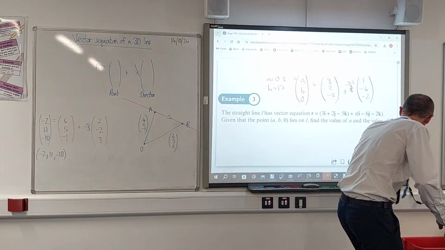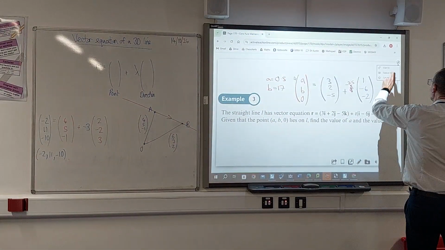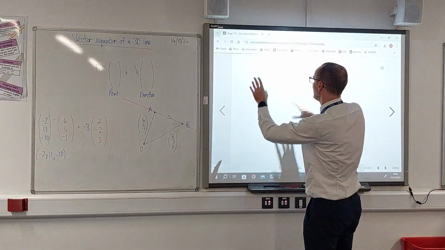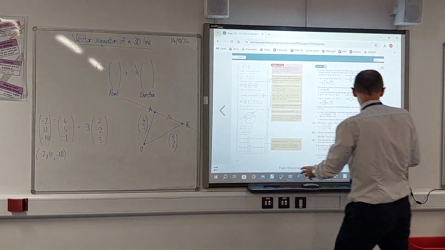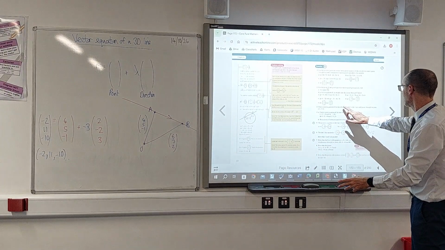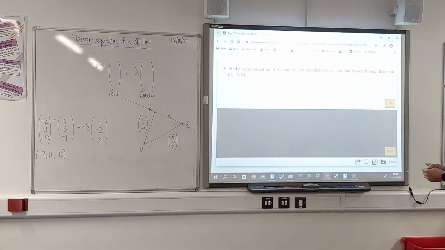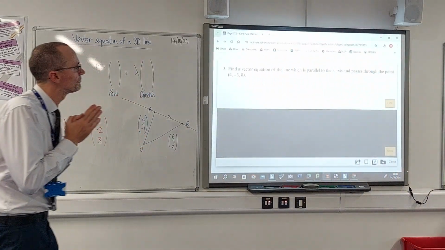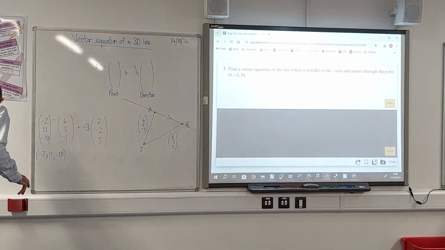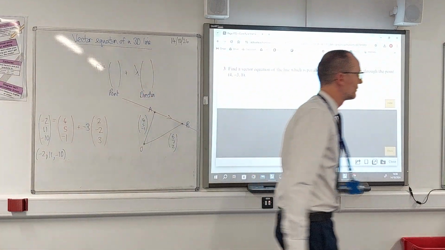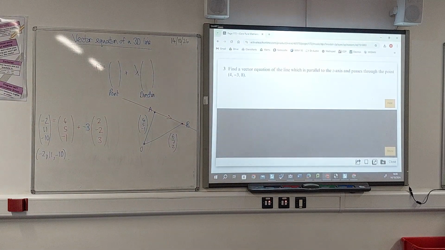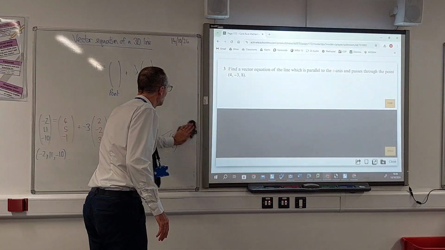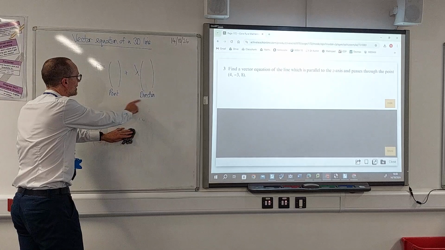Right, very quickly. One more question and we've done it. On page 173, question 3. So remember, find the vector equation of a line, so we need a point and a direction.